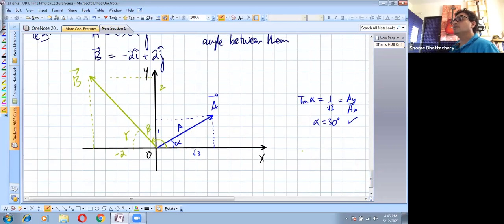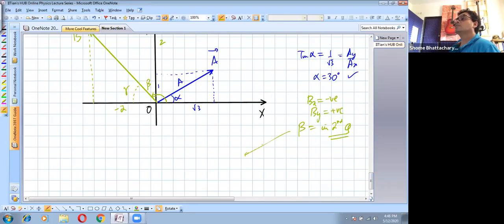So for vector B, you can see Bx is negative, By is positive. So that is telling me that the angle beta is in the second quadrant. I understand that. So it's in the second quadrant, so I'll use the second quadrant formula. So now, this is for vector B. So tan of its angle, which normally I write as theta, but here I've written it as beta, is nothing but y component divided by x component.